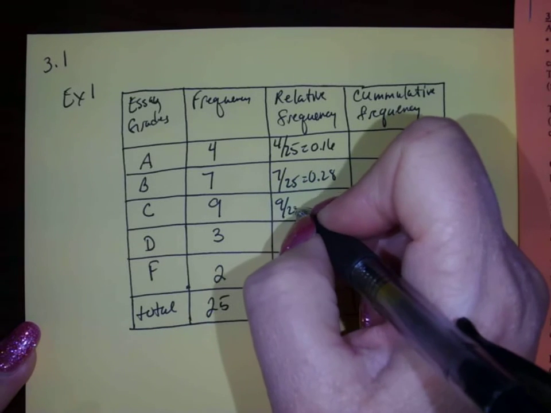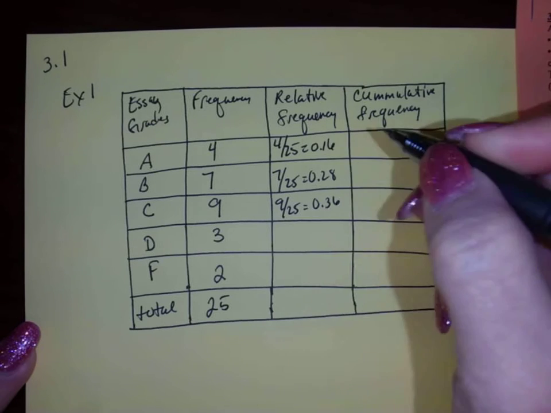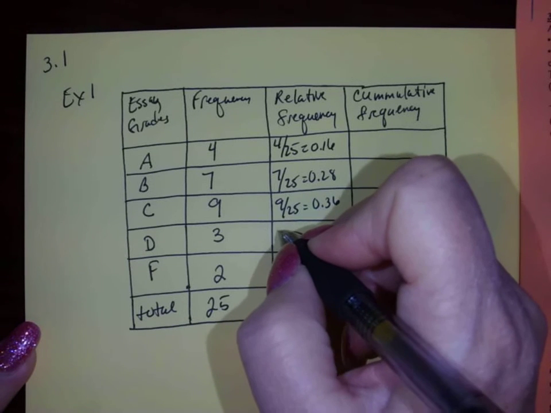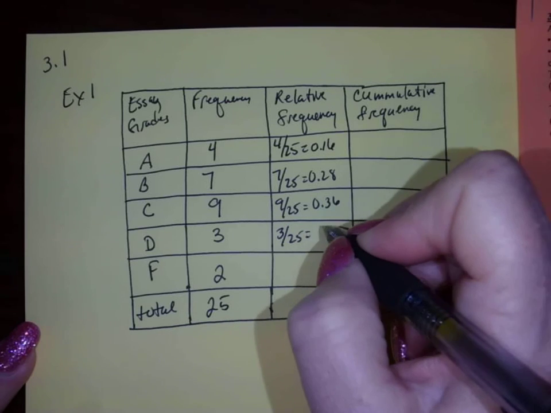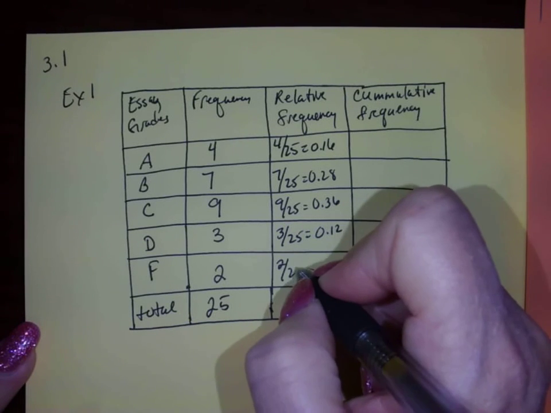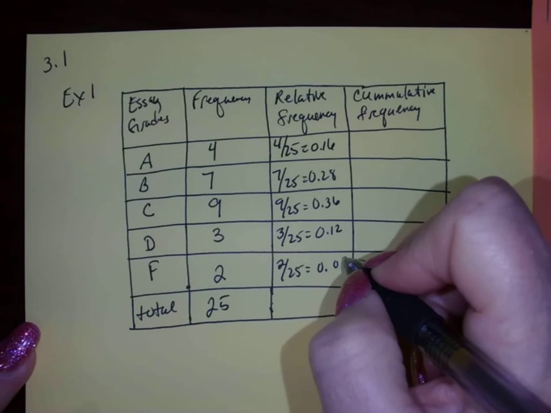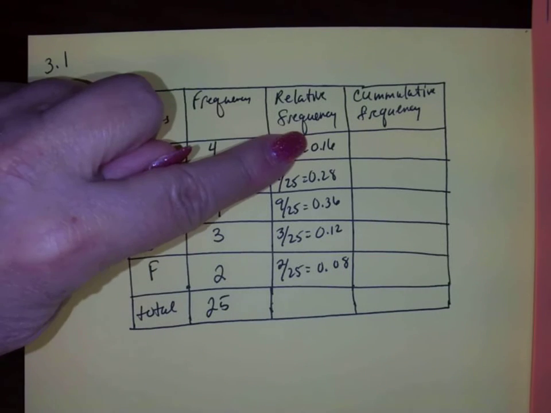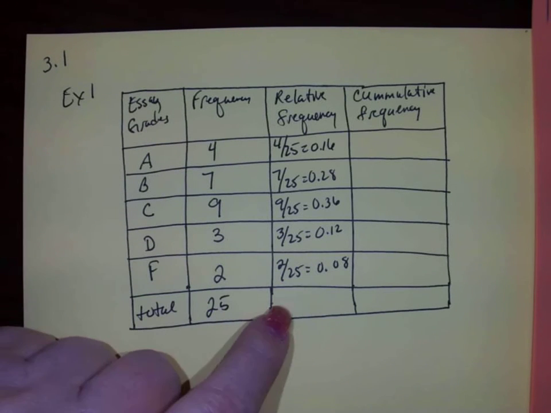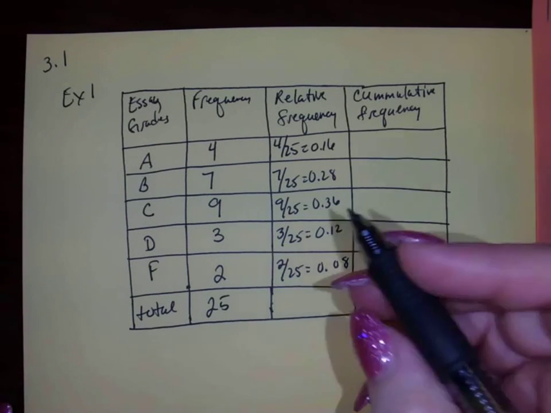This would be 9 out of 25, which will be 0.36. And then 3 out of 25, which is 0.12. 2 out of 25, which gets us 0.08. Now, as I add those, and I would use a calculator to add those, this should total up to 1 because it should be the whole part of it.